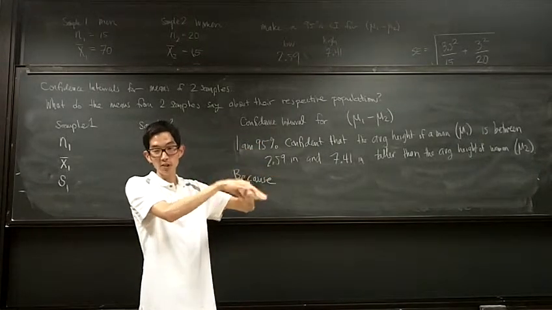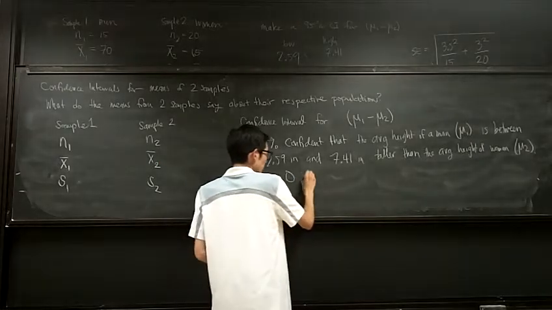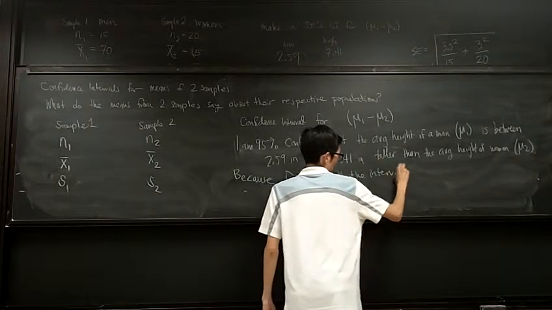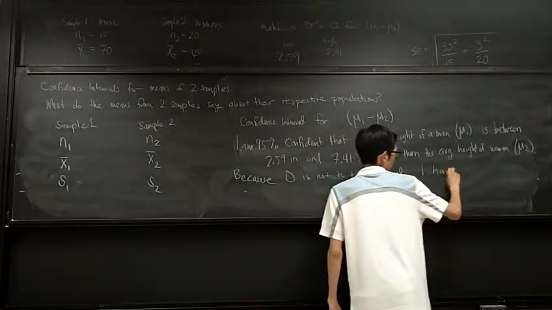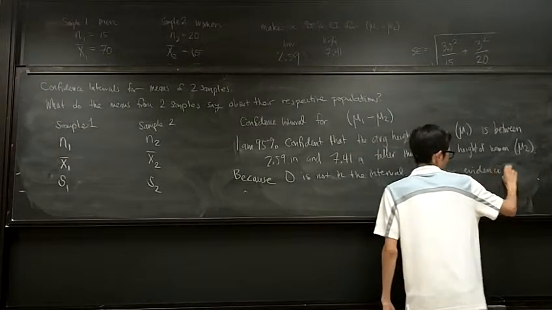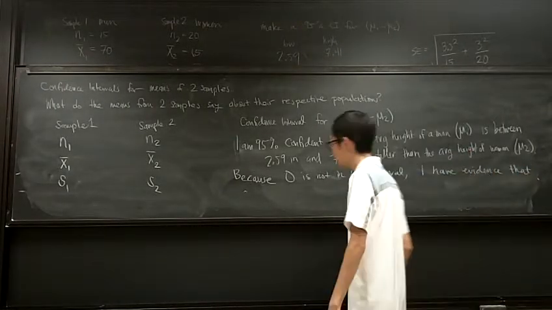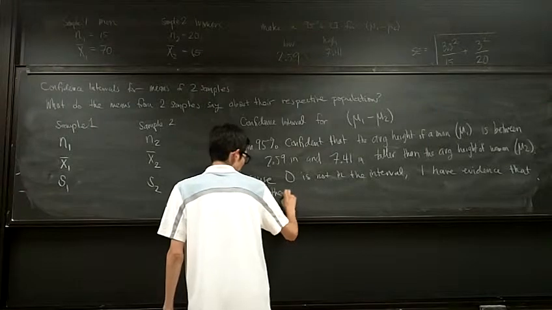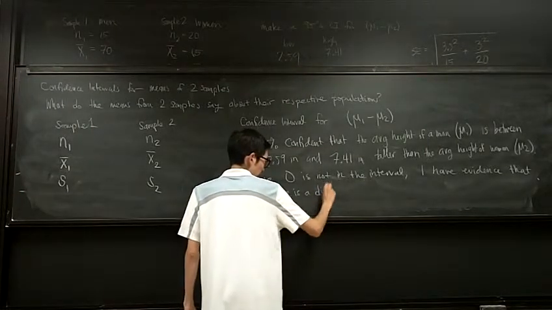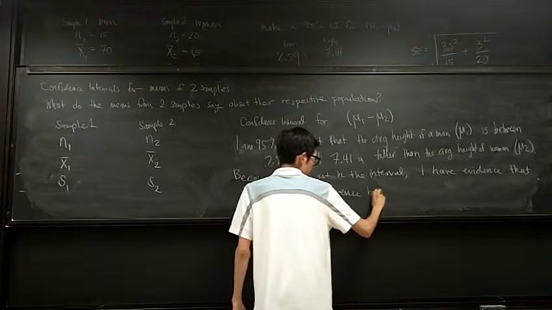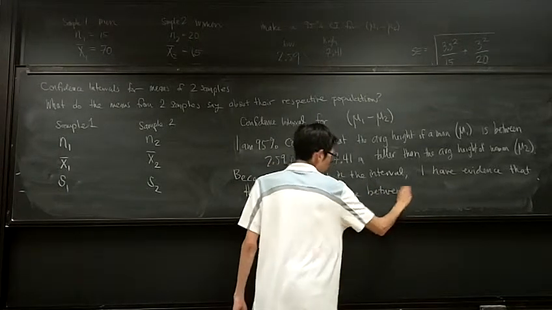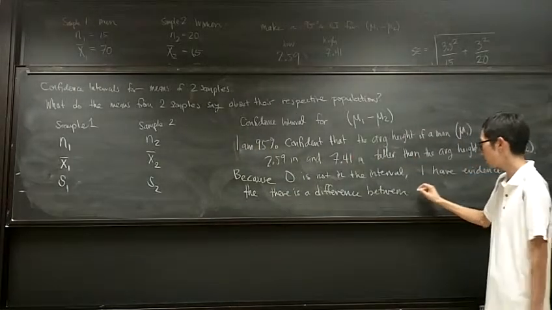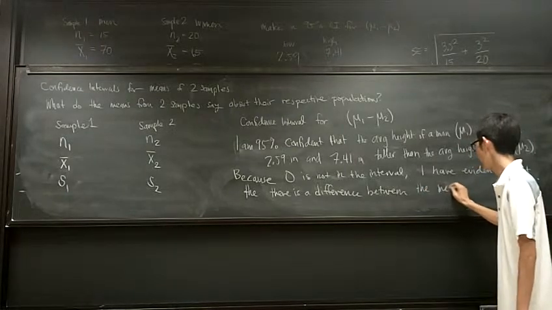But because 0 is not in the interval, I have evidence that there is a difference between the average height of a man and the average height of a woman, or that there's a difference between the mean heights.